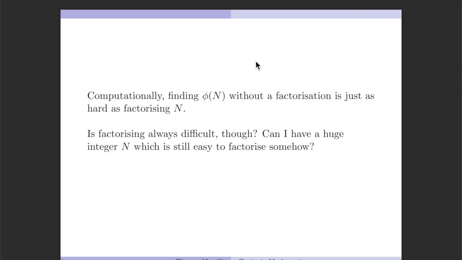But maybe there are some numbers that are easier to factor than other numbers. How would I do such a thing? Or in other terms, since I'm playing defense now, how do I avoid those numbers? How do I avoid using an integer n as my modulus where factoring n is actually very easy to do?